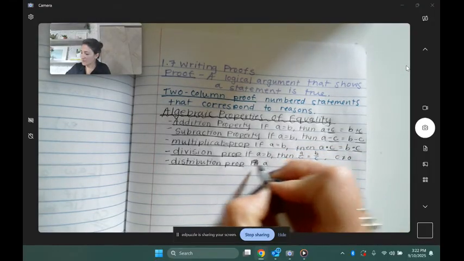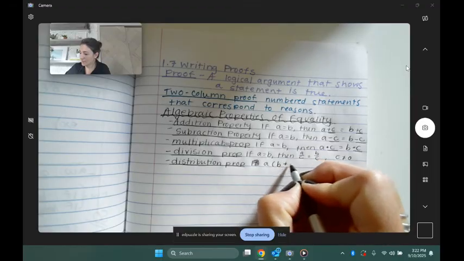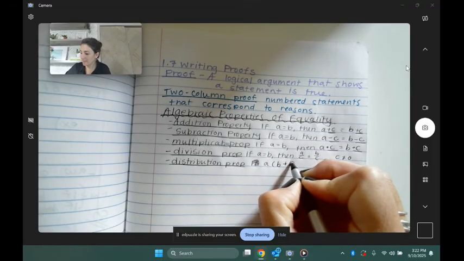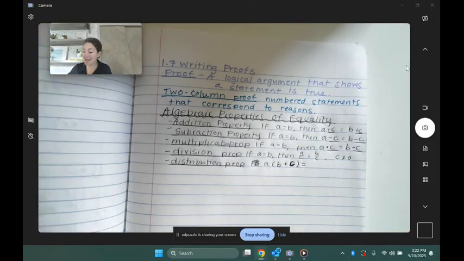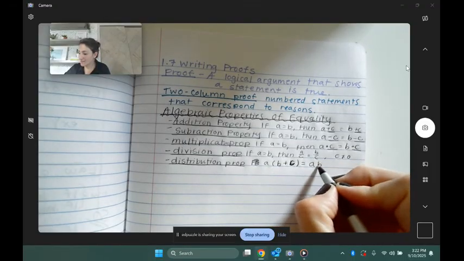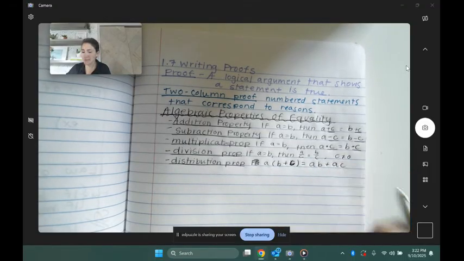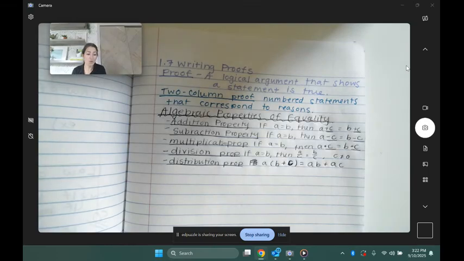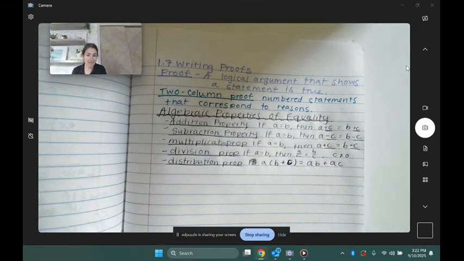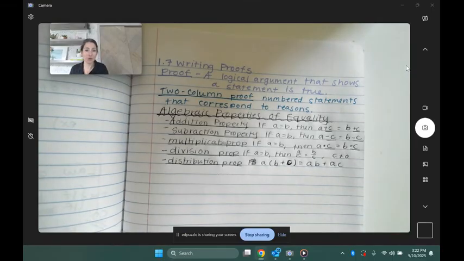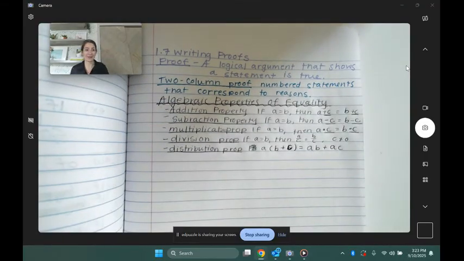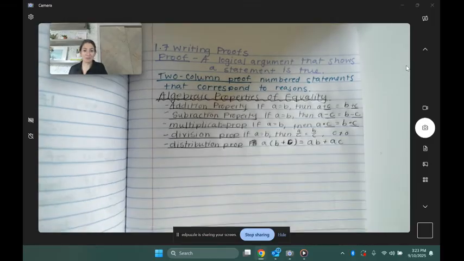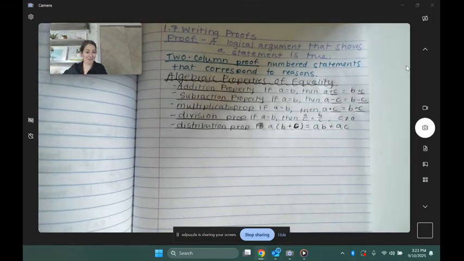A times the parenthesis B plus C, I can write this, if I distribute, as A times B plus A times C. So these are the properties. None of these should be new, but we're going to use them in a really formal way. This is really important for communicating. If you're going to prove something, you need to be able to justify your statements.